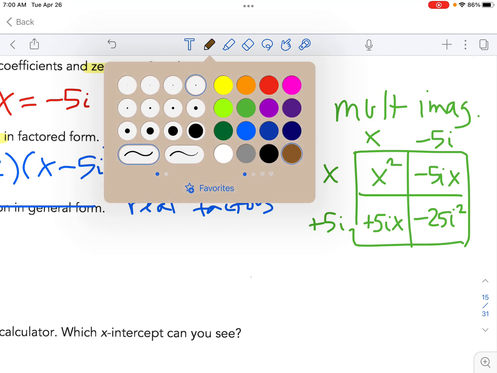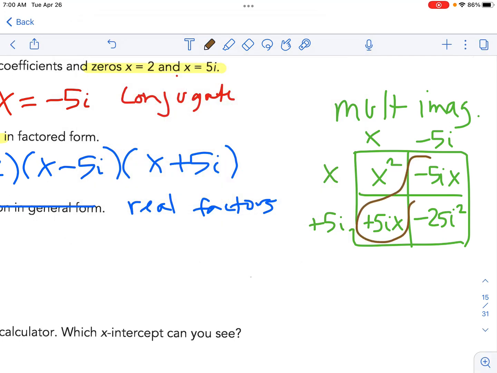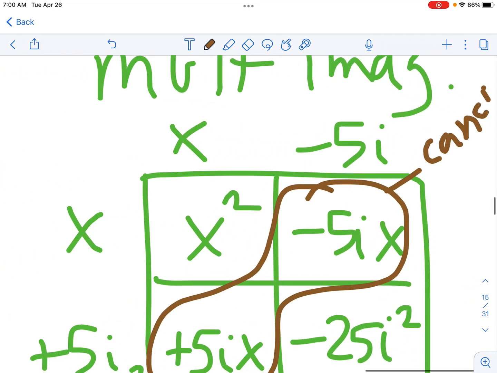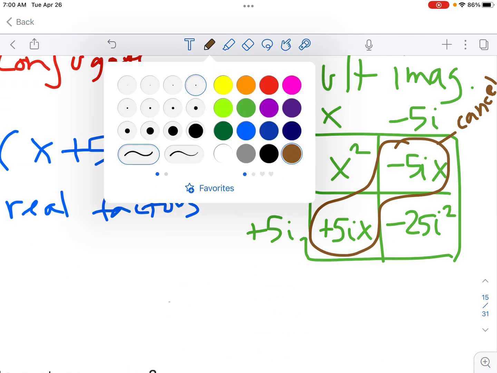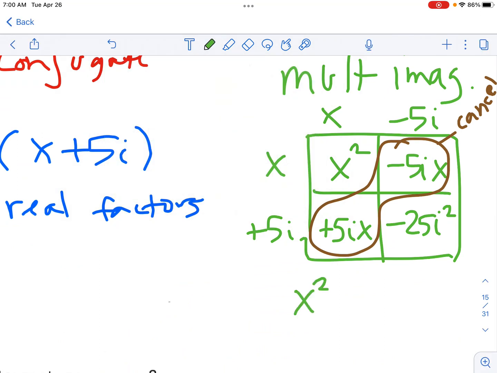So we know that the like terms are these, and those cancel. Running out of space. There we go. Those cancel. And so we are left with x squared minus 25i squared.